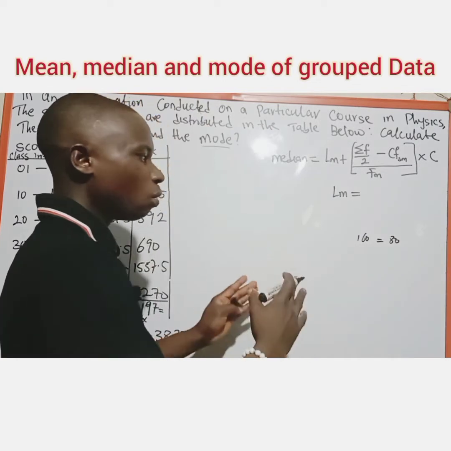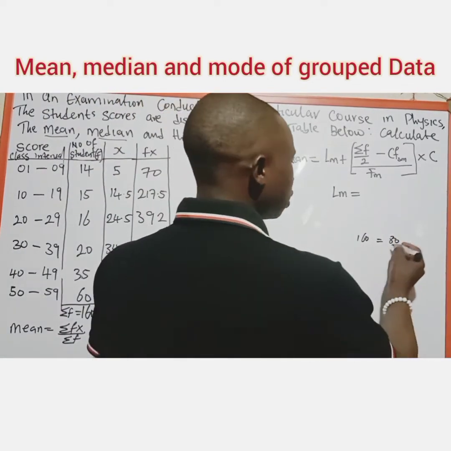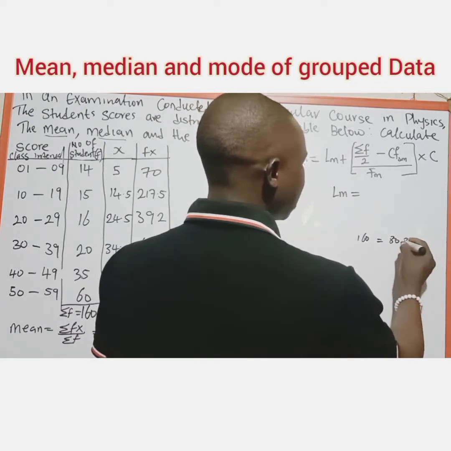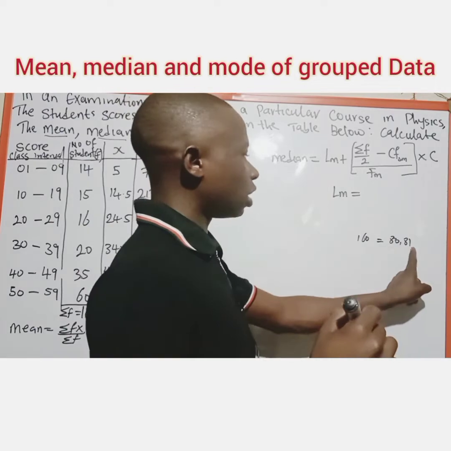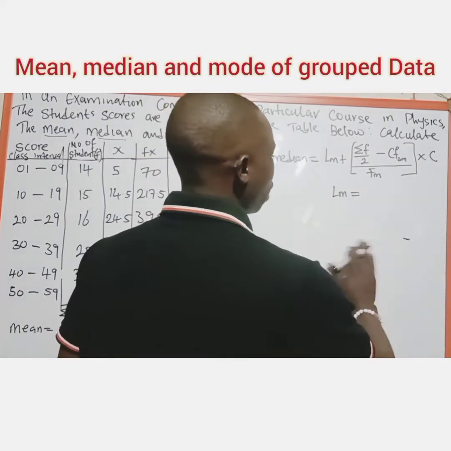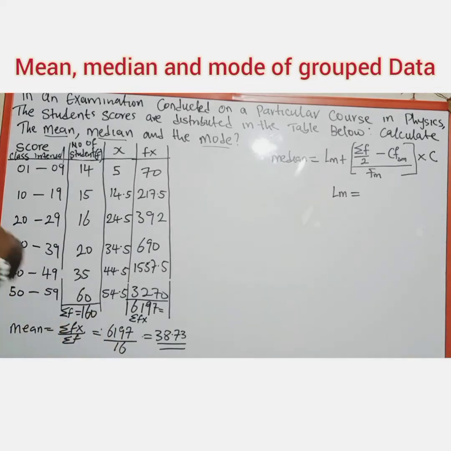Therefore, the middle numbers between 1 and 160 will be 80 and 81. So our median is going to fall between 80 and 81. How are we going to get our median class from this table? We are going to sum the frequency. Anywhere we can find 80 and 81 should be our median class.